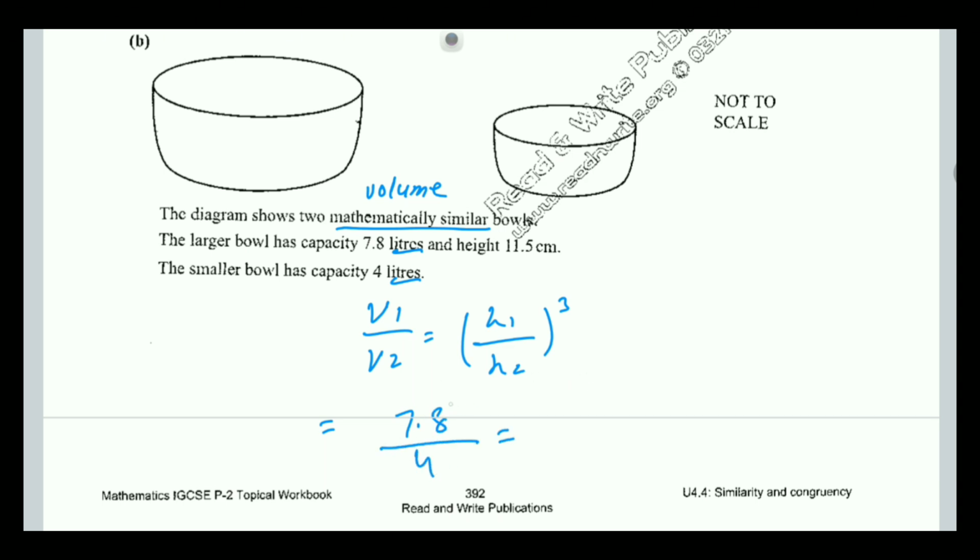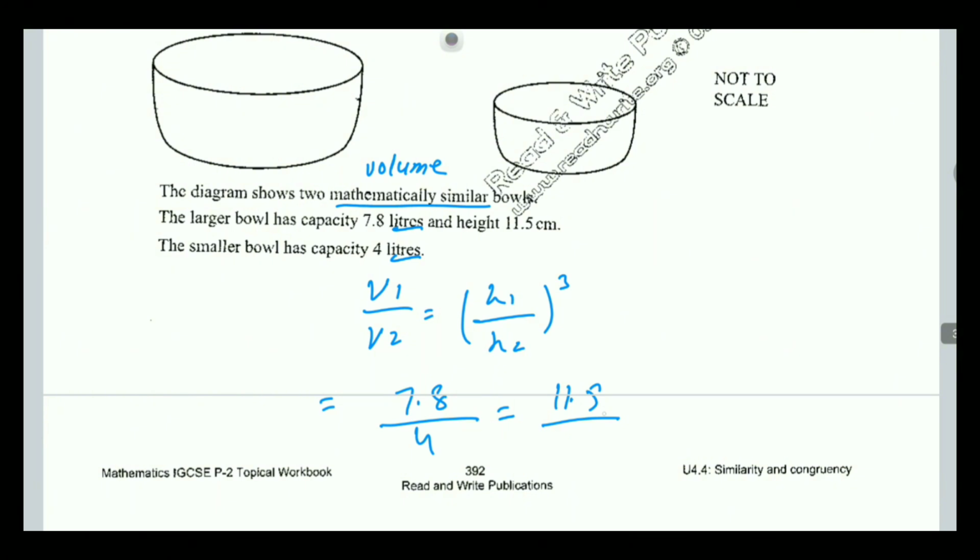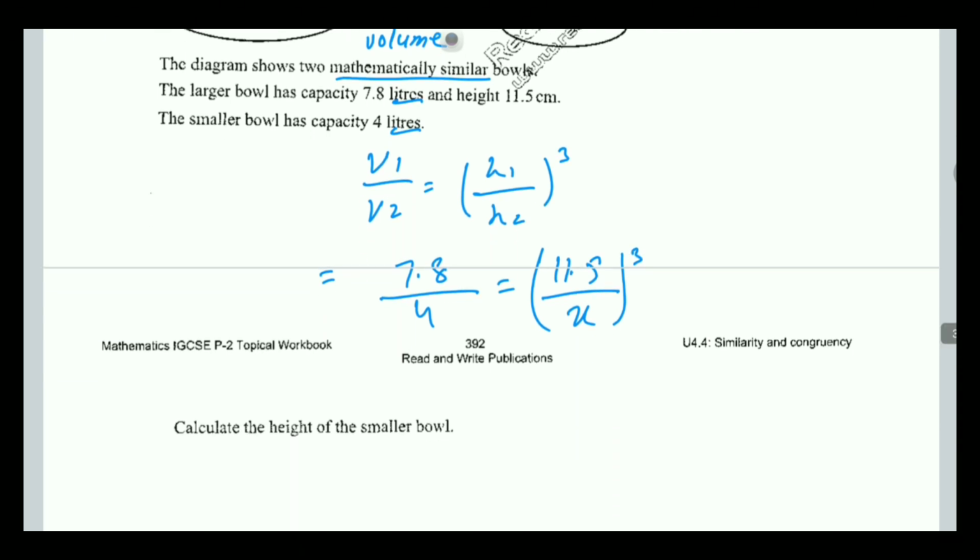Height of the larger bowl is 11.5 and the smaller one you have to find. You can suppose it as x, it's up to you, or you can leave it as h2 cube.